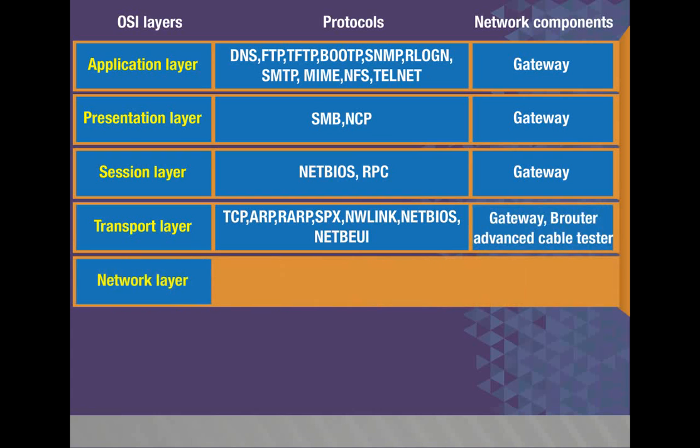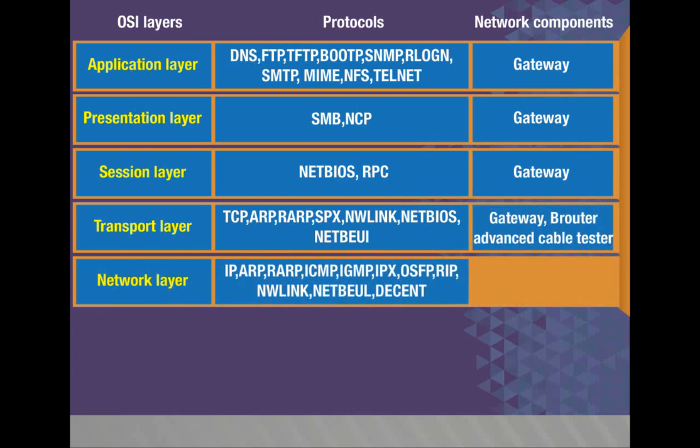Network layer: IP, ARP, RARP, ICMP, IGMP, IPX, OSPF, RIP, NW-Link, NetBEUI, DECnet. Router, B router, frame relay device, ATM switch.